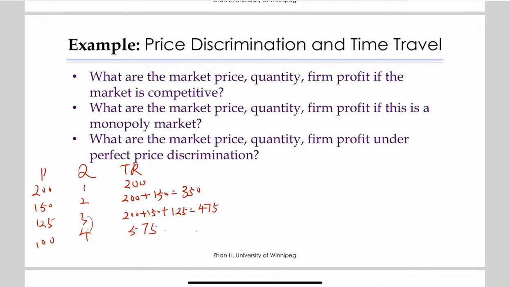So you can see that in the end, the market price will be given by 200, 150, 125, and 100 for each customer. And quantity should be 4. Right? Firm profit would be 575 minus 4 times 100, which is 175.